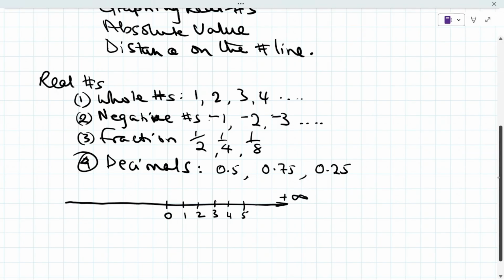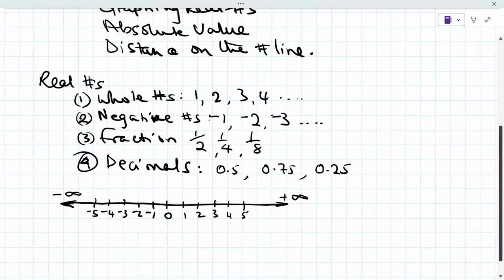And on the left hand side, we have -1, -2, -3, -4, -5, and so on until negative infinity.